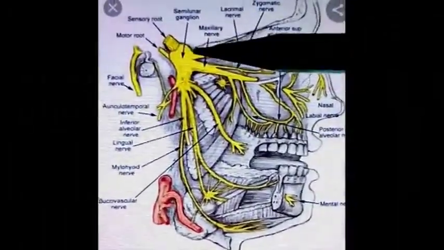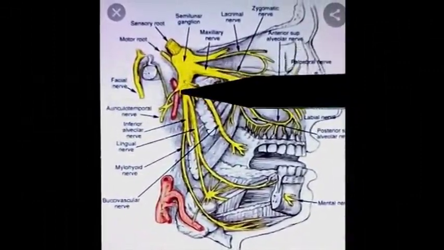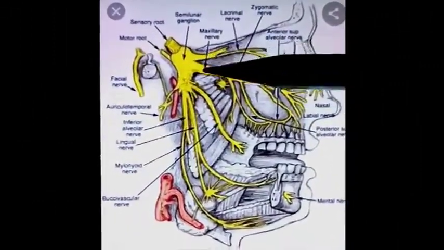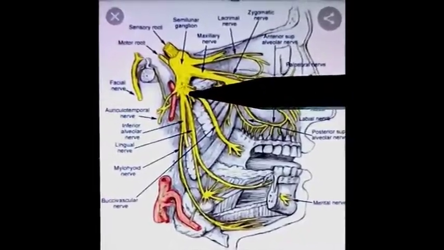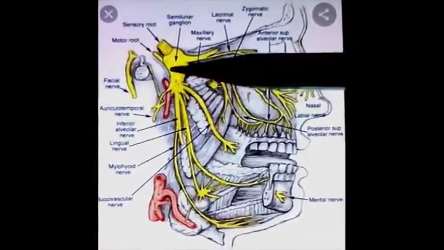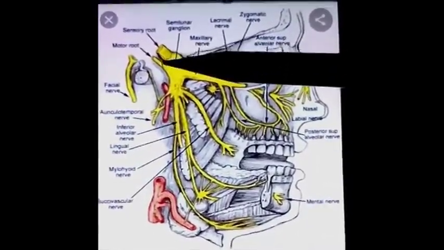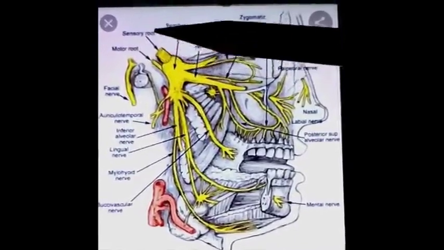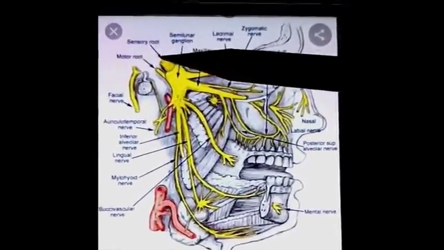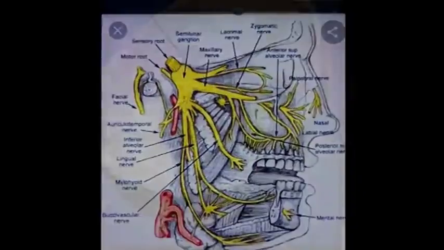Three divisions of the trigeminal nerve emerge from this anterolateral convexity, that is ophthalmic, maxillary and mandibular divisions leave the ganglion from its convex area, and the posterior concavity receives the sensory root of the nerve. So the sensory root is visible here, entering this concave part of the ganglion.